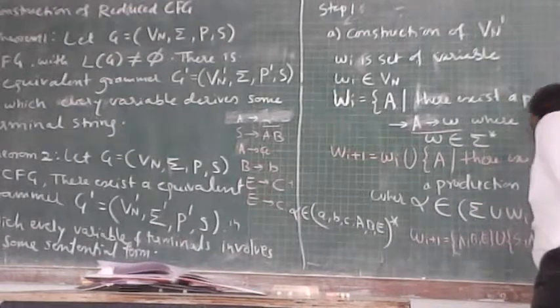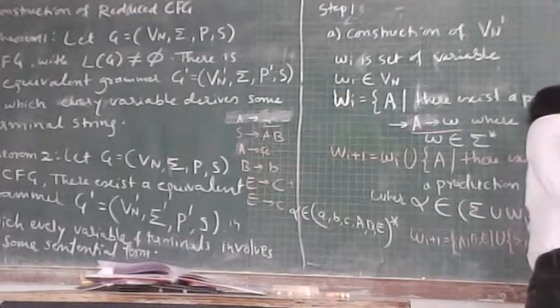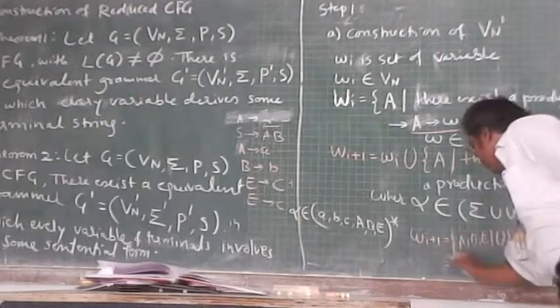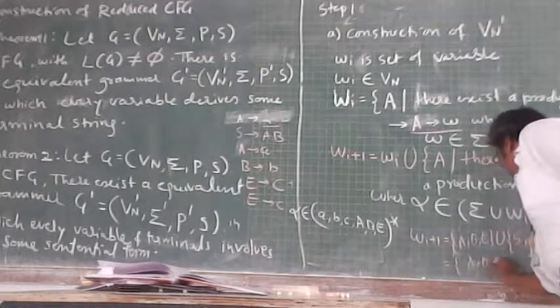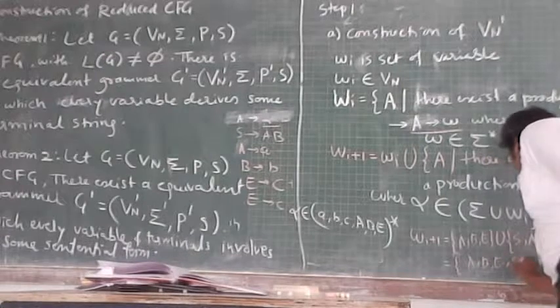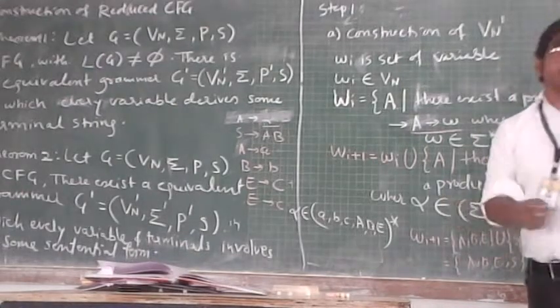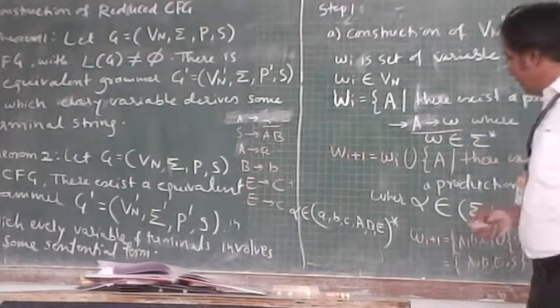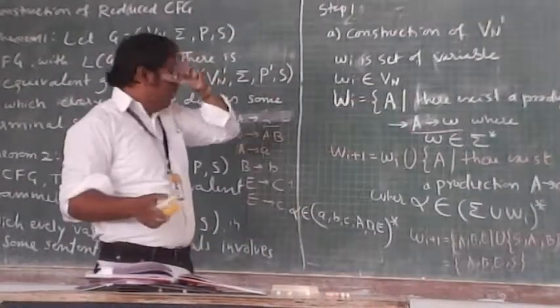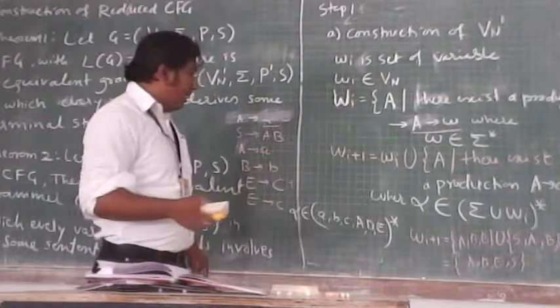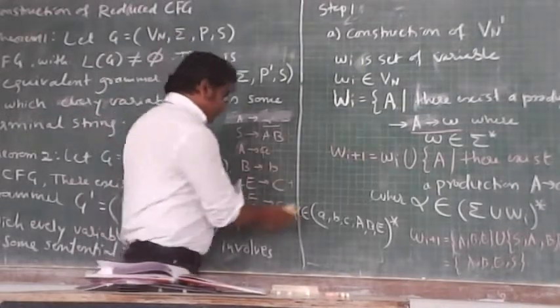Yes. In that case, E has to be included. So what did we ultimately get? Wi plus 1 is A, B, E and S. In this way Wi plus 1 is to be calculated.